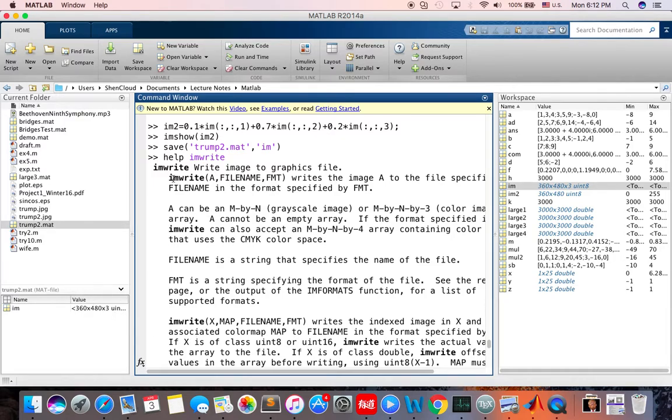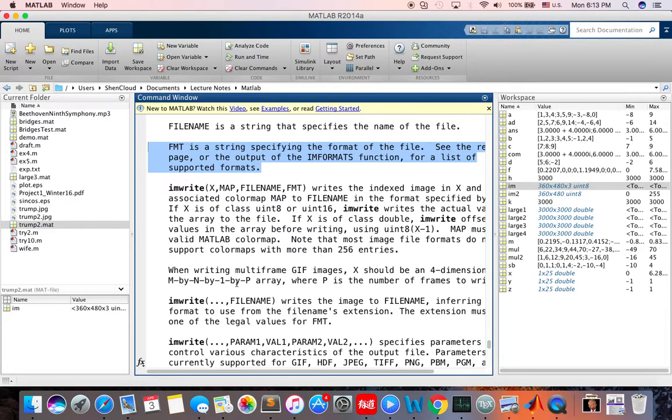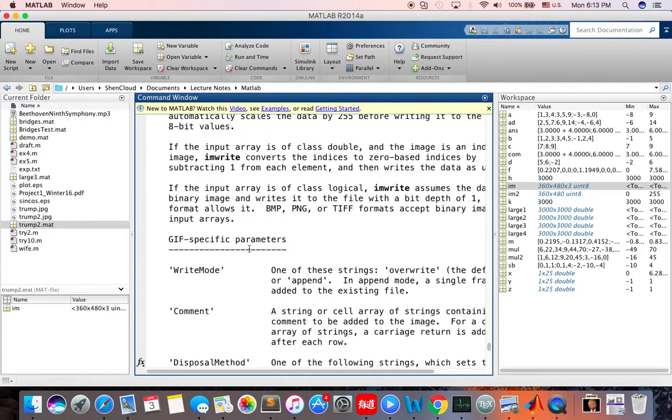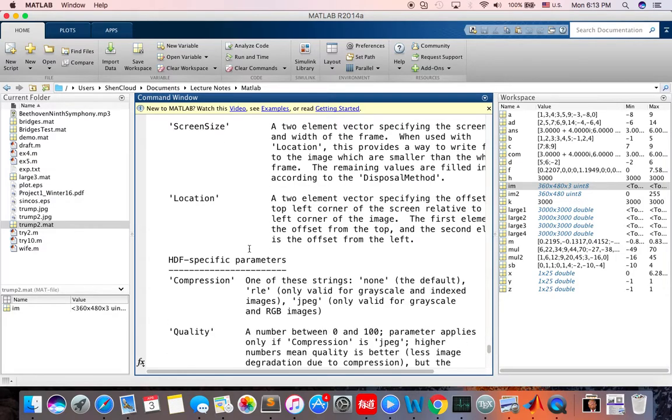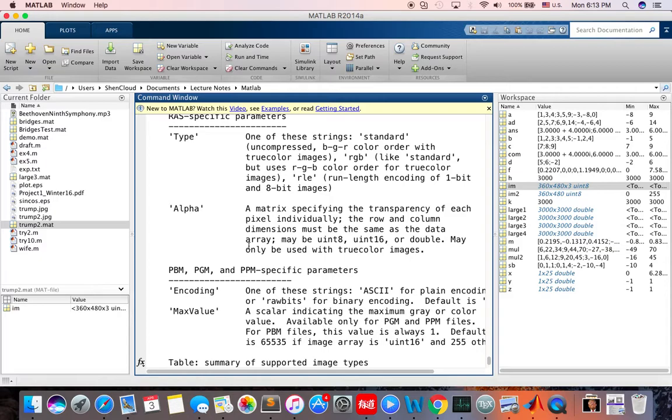So a file name, fmt. A can be an image, and the file name is a string, and fmt is also a string, and you can see many other kinds of specifications for this function.